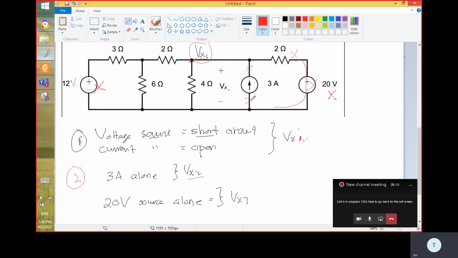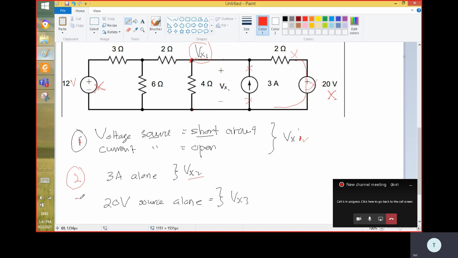That means this is no more already, right? Because this is open circuit, the 2 ohm is no more already. No current flowing through here. So if you remove this one, there's no current flowing through the 3 ohm also, so you can remove this one also. So you leave a very simple circuit, right? Then you find Vx2 at this node.